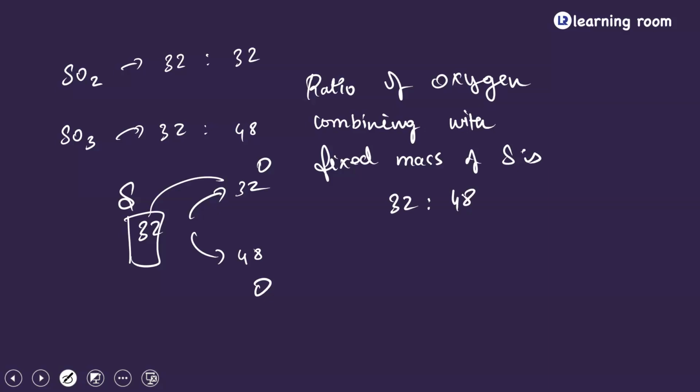Correct? 16 twos are 32, 16 threes are 48. So 2:3.